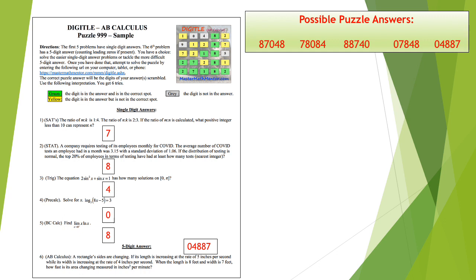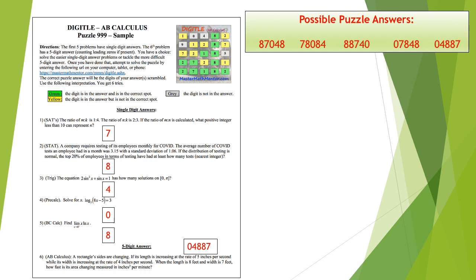So, solving the digital puzzle involves some permutations of these digits. The puzzle answer could be 87048, 78048, 88740, 07848, or it could even be the actual number 6 answer of 04887.